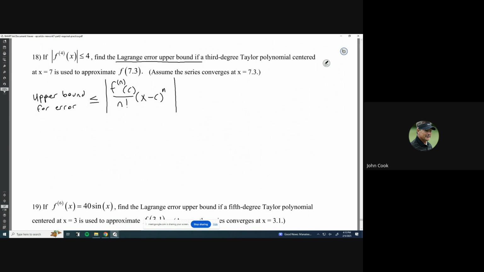Every n that you see on there, change to an n plus 1. Every one of them. And then this little c that's in that derivative function, you change it to a z. There you go. This is the Lagrange error upper bound of some Taylor polynomial.